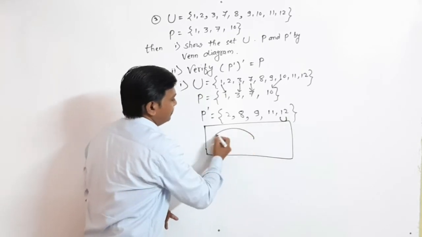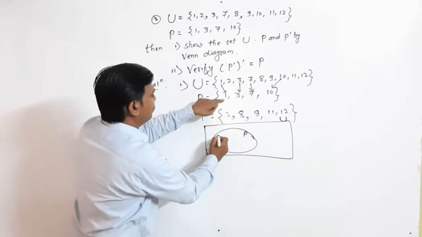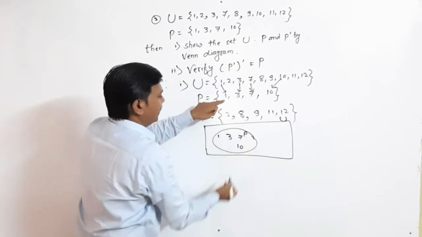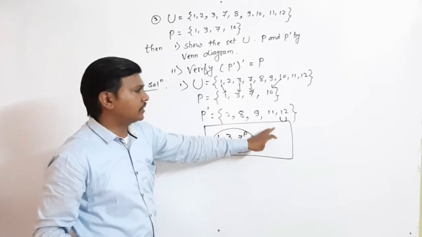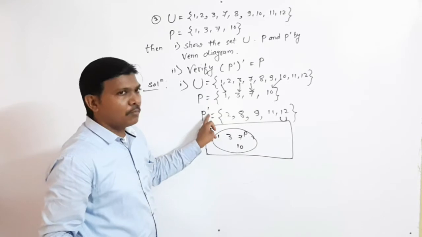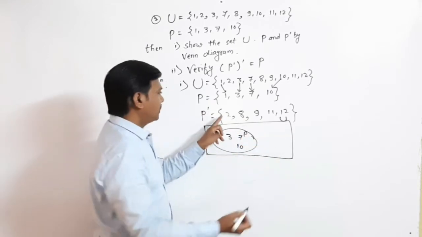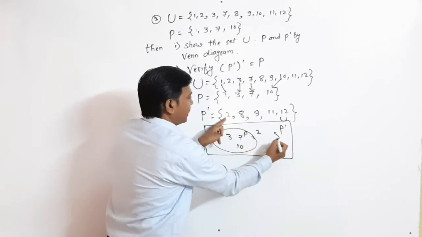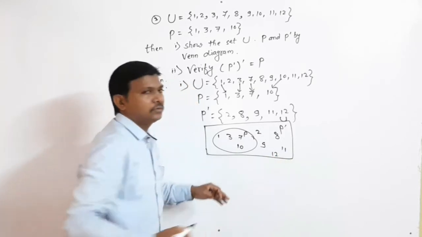Then this is set P. So in P there is 1, 3, 7 and 10. And this part of the universal is P complement. So in the remaining part, write anywhere, P complement means 2, 8, 9, 11 and 12.